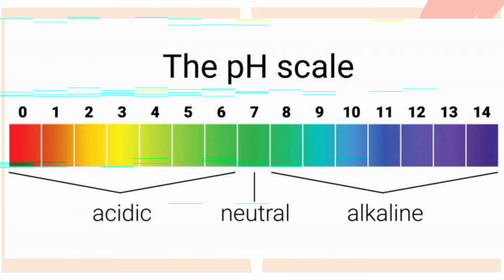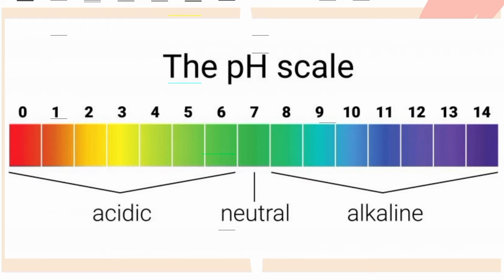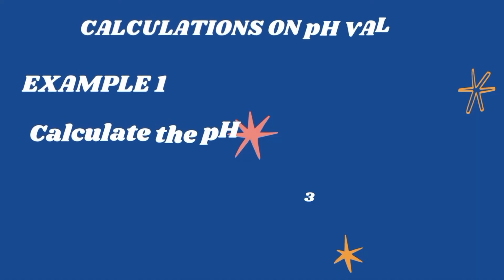However, a pH value of 8 to 14 indicates that the solution is either basic or alkaline. And note that as the pH value increases, the alkalinity of the solution will increase. So acidity increases as the pH value decreases, while alkalinity of a solution increases as the pH value increases.